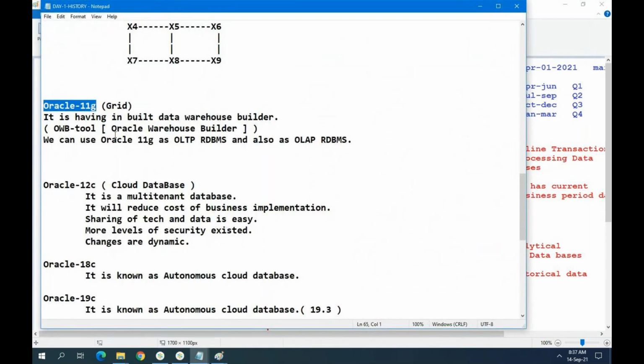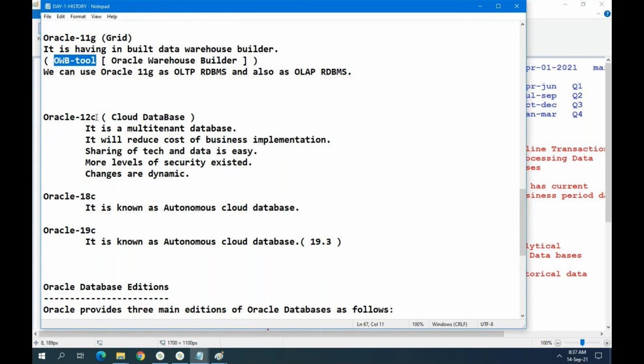That is the advantage of 11G. You can work as OLTP as well as OLAP. Why? Because in Oracle 11G, we have an inbuilt data warehouse builder.